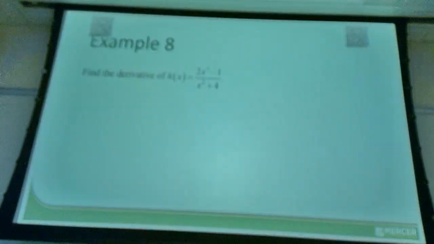We don't right now have the tool for it. I could perform long division on this and rewrite it, but that would require chain rule. So no, unfortunately, we have to use quotient.